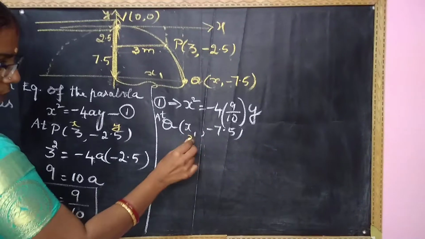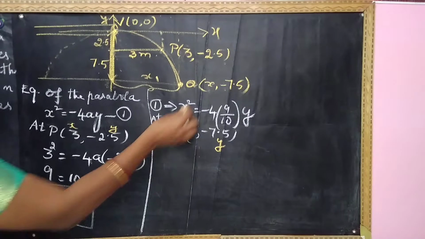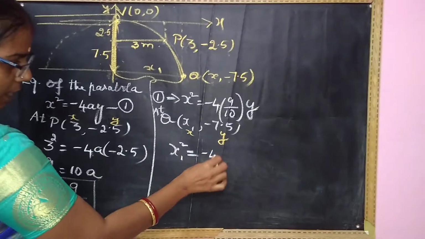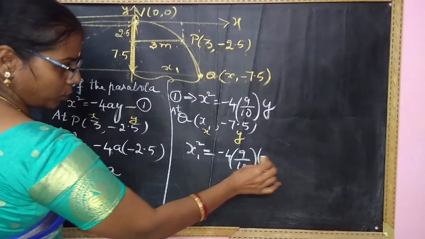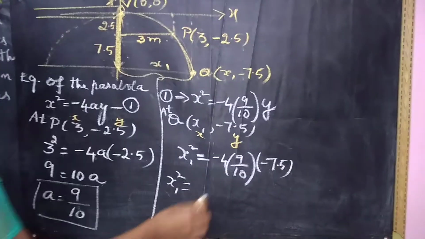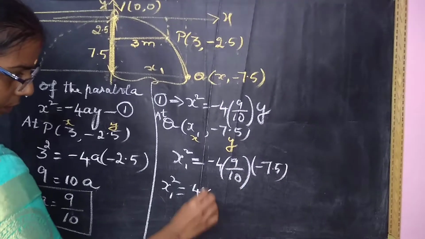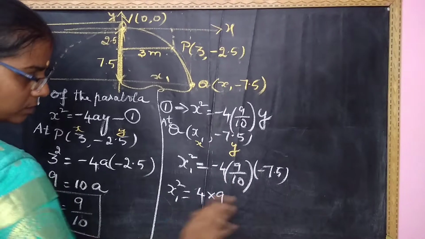So in the place of x substitute x1, and in the place of y substitute minus 7.5. So we have x1 square is equal to minus 4 into 9 by 10, and in the place of y substitute minus 7.5. Minus into minus becomes plus. So 4 into 9 into 7.5.